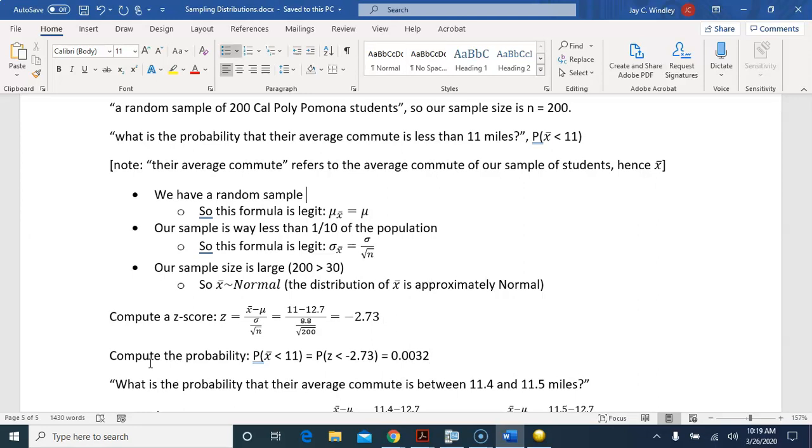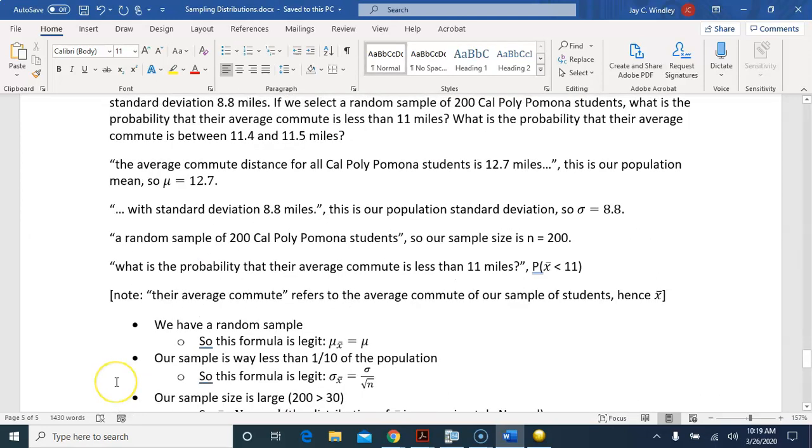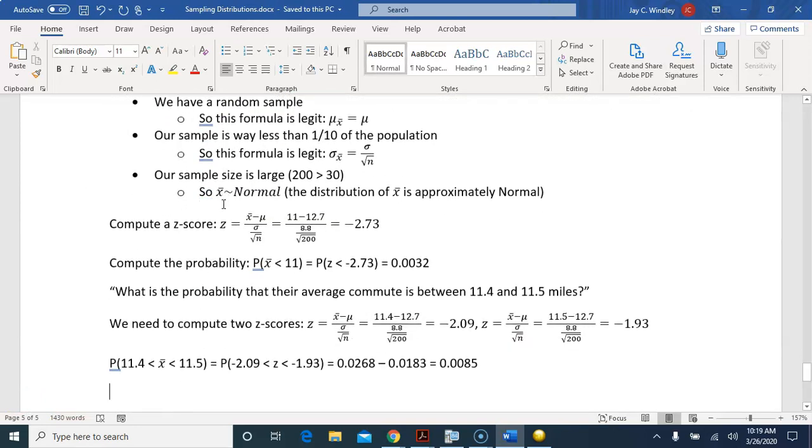The second part of this question was, what is the probability their average commute is between 11.4 and 11.5 miles? Okay, so now we have two values of x bar to turn into z-scores. I'm turning the 11.4 into a z-score, and I'm turning the 11.5 into a z-score.